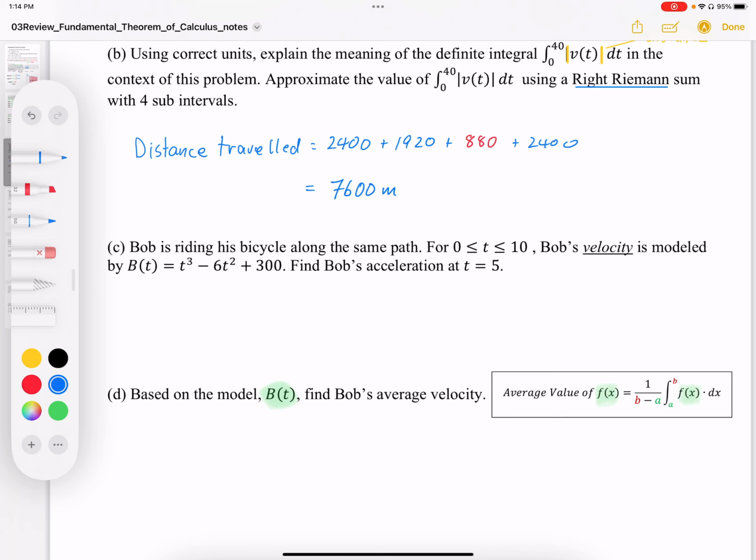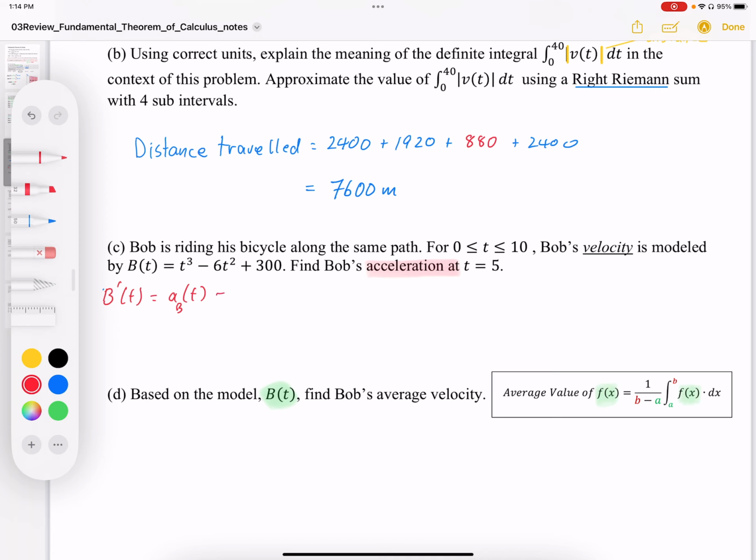Okay, so we know that b prime of t is going to be the acceleration of Bob. So that's what we're looking for.